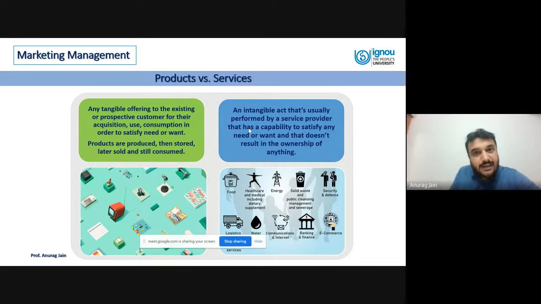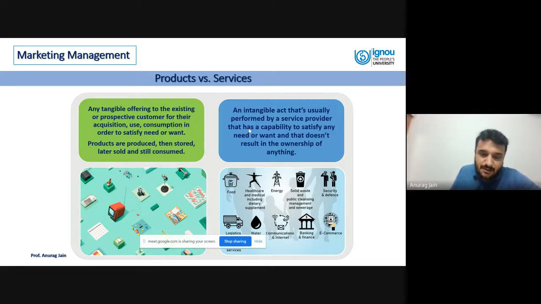These are fundamentally very different from any kind of products we are buying, and that is the reason there is a separate and dedicated course known as services marketing. I'm not going into much detail, but this is the basic difference which we really need to understand.